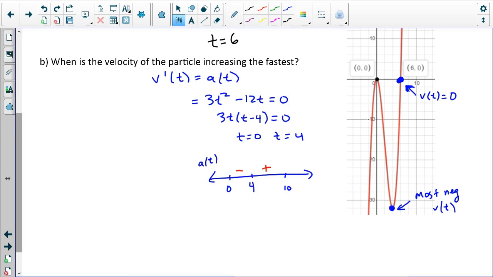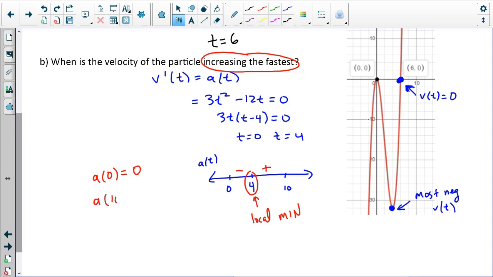So when I look at this, it appears that 4 is actually a local minimum. That means that's not going to help me. So I have to check what my velocity's increase or decrease is at the endpoints. If I check the acceleration at 0, I end up with 0.